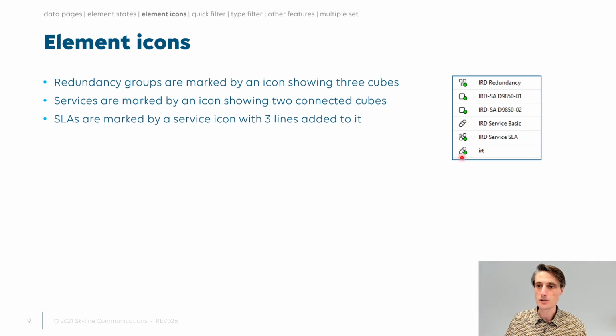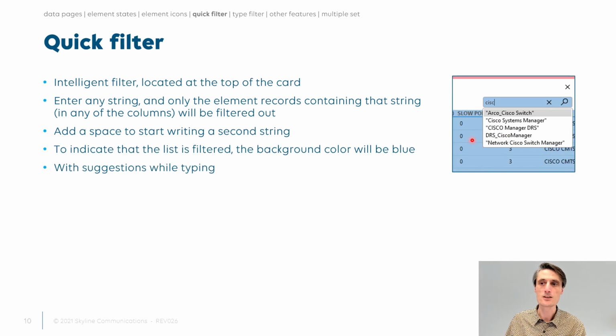A service icon could also have color coding, of course, like the last icon there. And if there are like 3 lines in the upper left hand side, that would indicate that this is an SLA and basically a contract attached to a service. So an SLA is a contract tracking the availability of your service. That's the icon for an SLA. So those icons are also going to pop up in that list of elements, services, and SLAs.